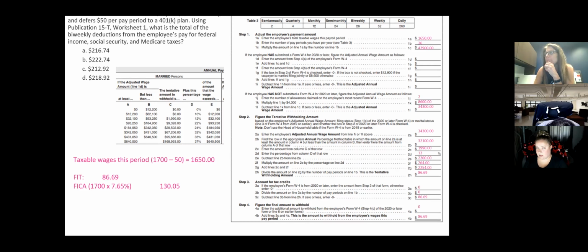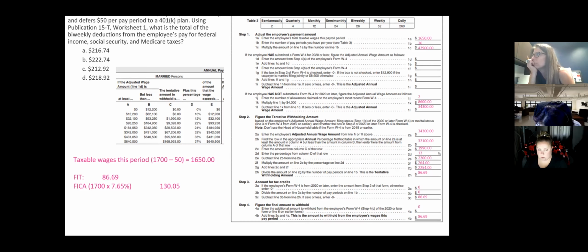This person has a 2019 W-4. So we're going to come down to that bottom section of step 1. They're claiming 2 allowances. So we're going to multiply that by 4,300 and get 8,600. Subtract and get 34,300.